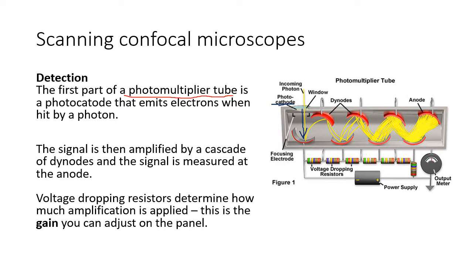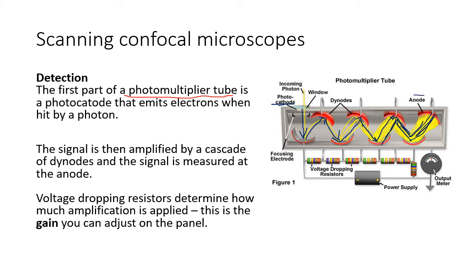Then this electron is focused onto a series of diodes, which will amplify the signal by basically kicking out extra electrons for each electron that hits a diode. And this will cause a cascade, which will cause more electrons to come out after each collision, and hopefully eventually we will get enough signal to be measured here at the anode.